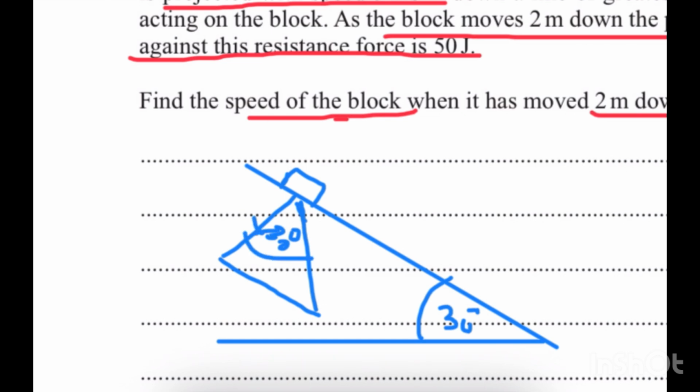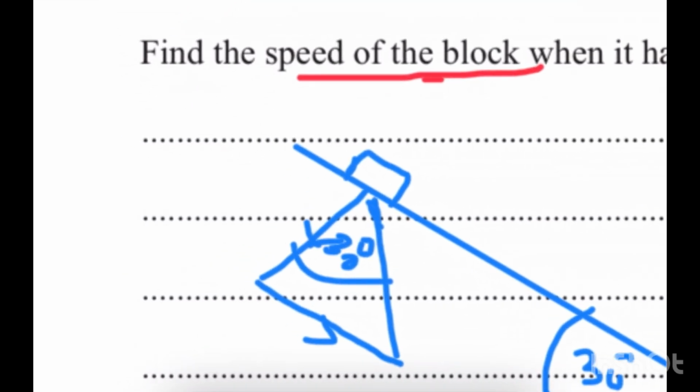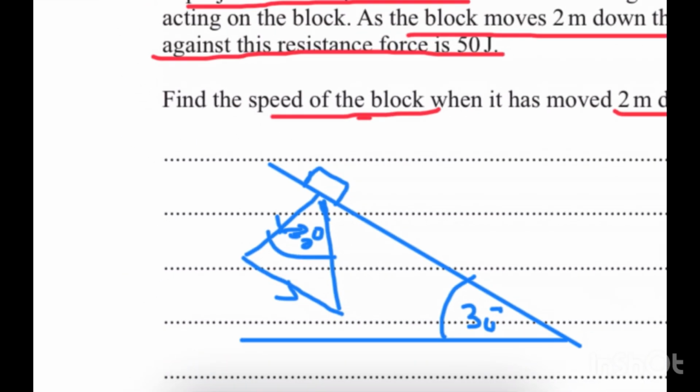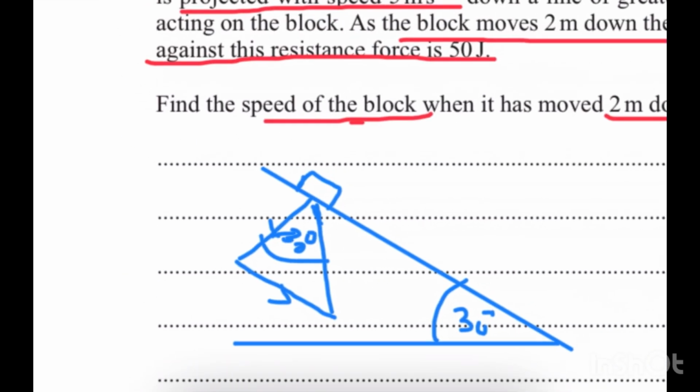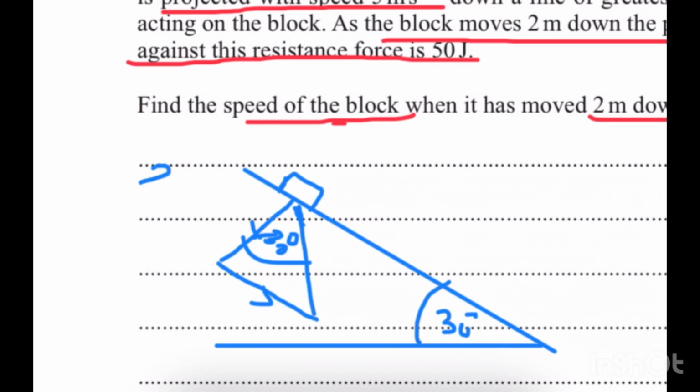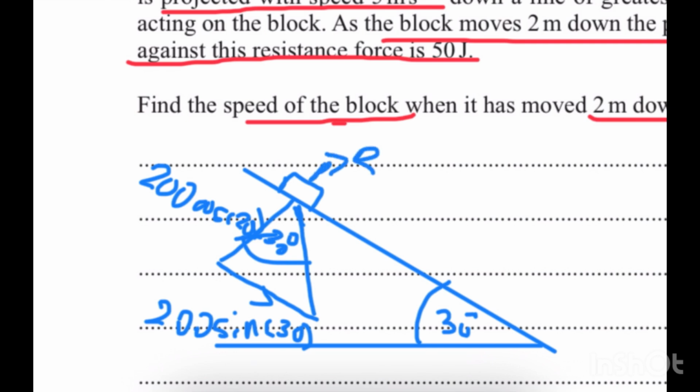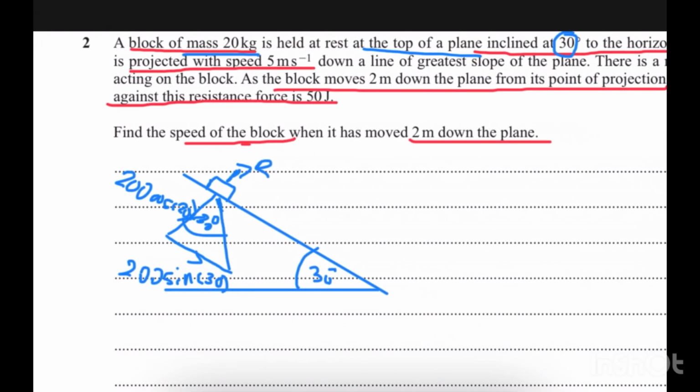And it would have a downward component of the weight and a rightward component of the weight. So this downward component will be equal to 200 cos 30, and the rightward component will be 200 sin 30. This is the normal reaction of the plane, and there is no mention of a driving force, so I will not write that down.